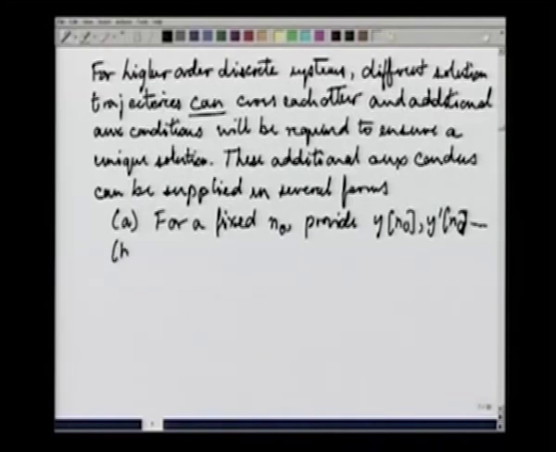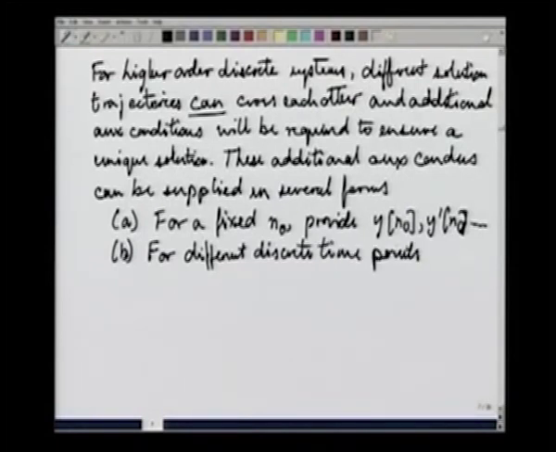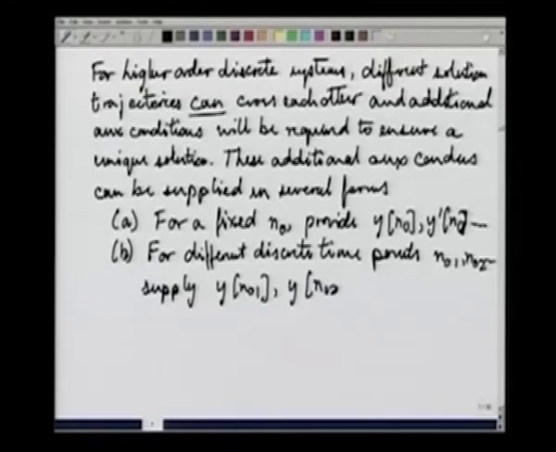Or B, for different discrete time points, n naught 1, n naught 2, etc., supply y n naught 1, y n naught 2, and so on.